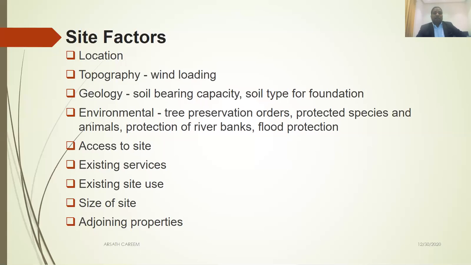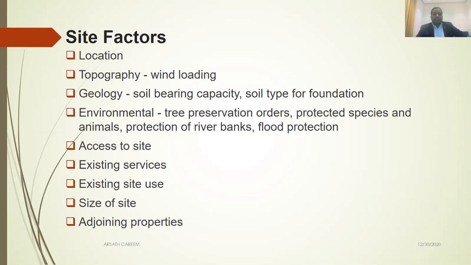For example, if you want to build on normal land or sandy land, compare that with muddy land. On muddy land, you have to improve your soil bearing capacity. You have to make some additional effort to increase the bearing capacity of that land.